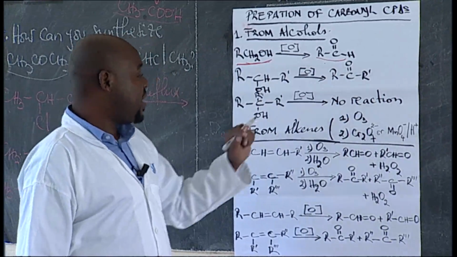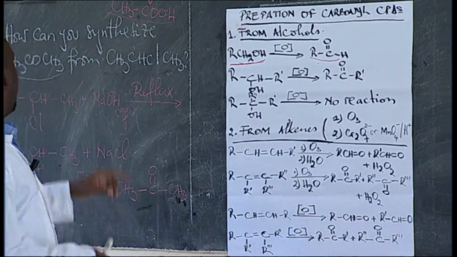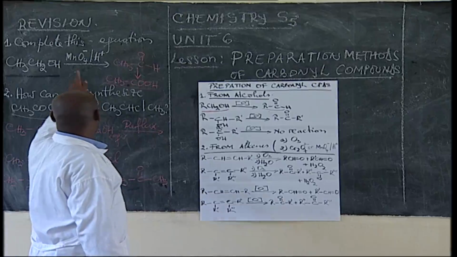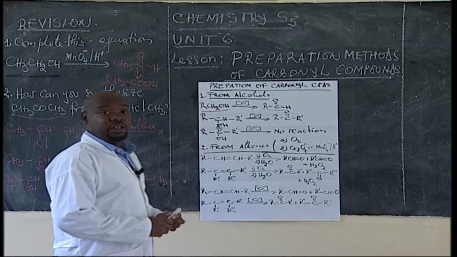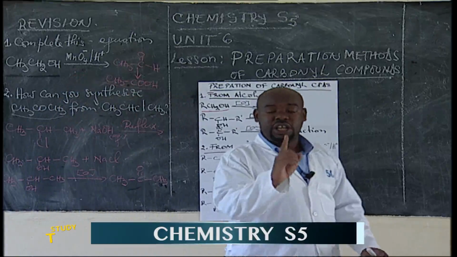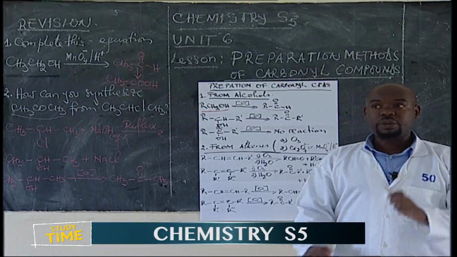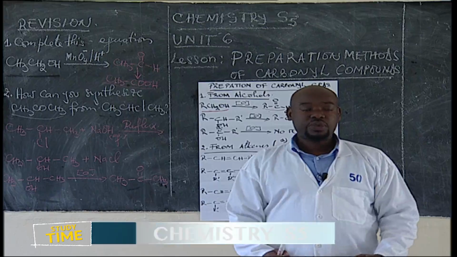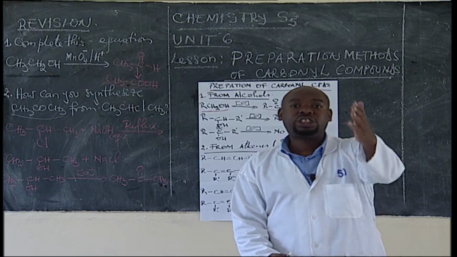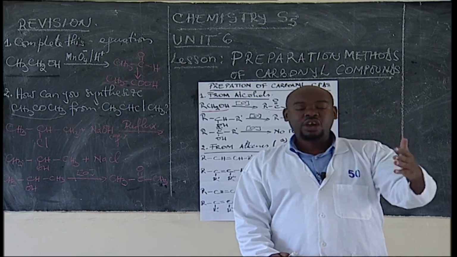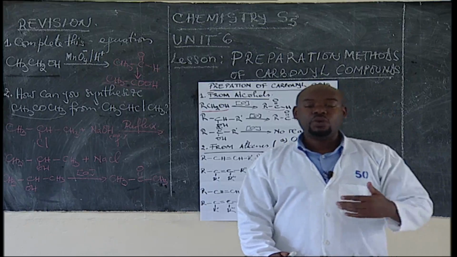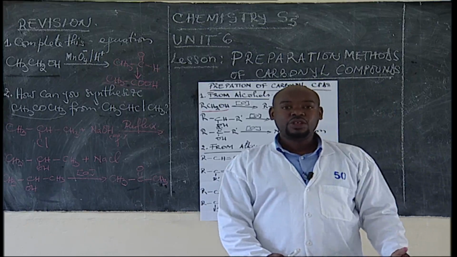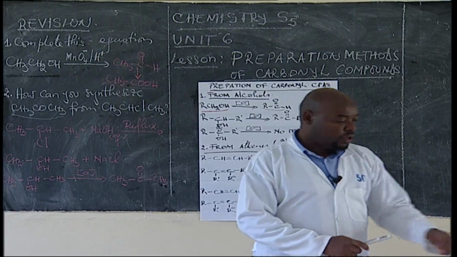But this, as I said, from our exercise number 1, will depend on the oxidizing agent you are using, because some of the oxidizing agents are so strong that the oxidation will undergo a further step to give you a carboxylic acid. So you have to be very careful.